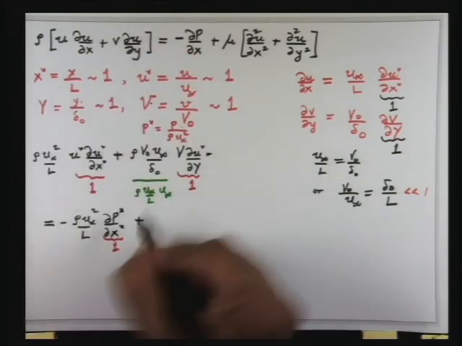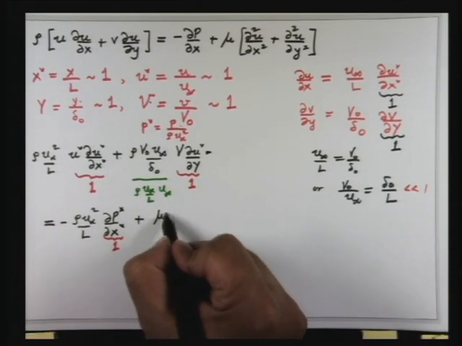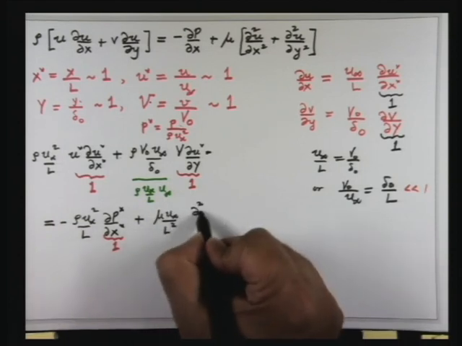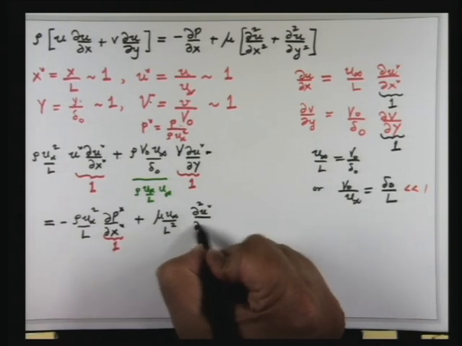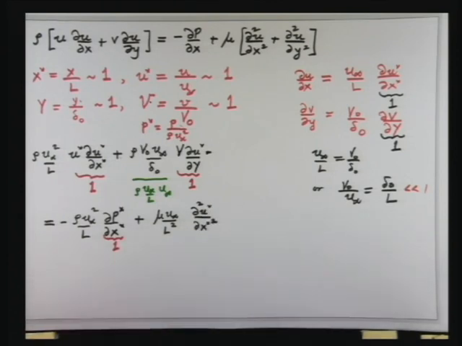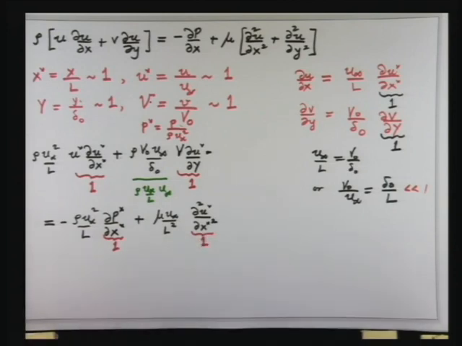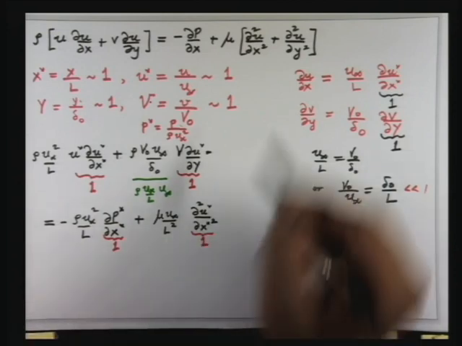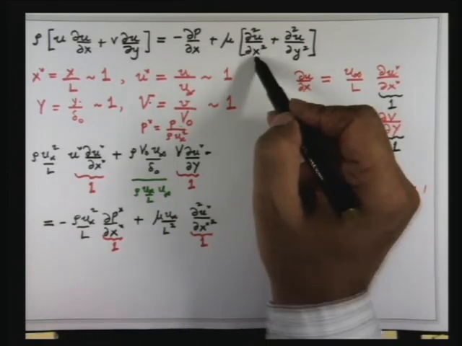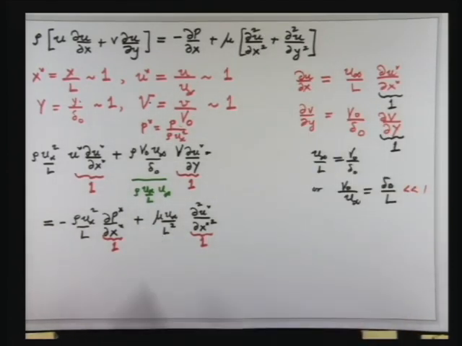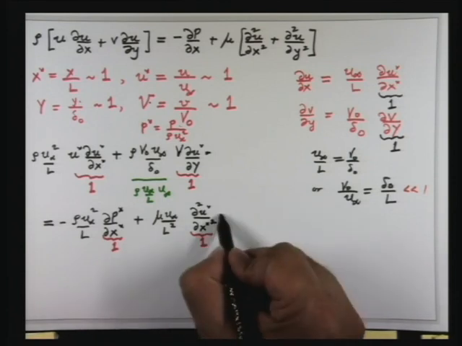You have this one is mu U infinity by L squared into del 2 U star del X star squared. Now once again this quantity is order 1. So the order of mu del 2 U del X squared is mu U infinity by L squared. At a glance you can tell. Then look at the next term.